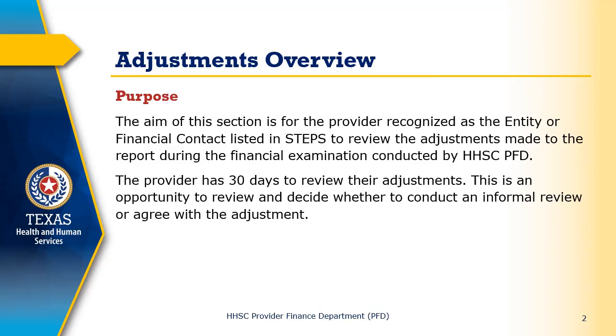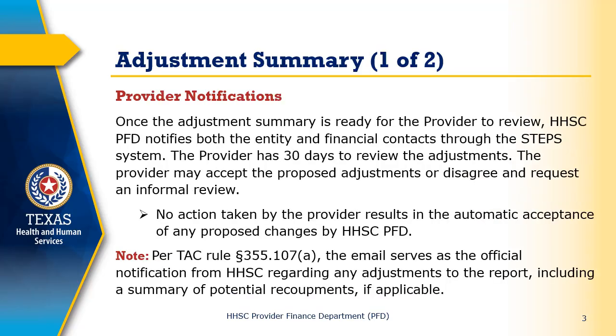Providers are allotted a 30-day period to carefully review these adjustments to ensure accuracy and completeness. This review period serves as an important opportunity for providers to consider the implications of the adjustments made. During this time, providers can choose to either request an informal review to discuss their concerns or to accept the adjustments proposed by the financial examination.